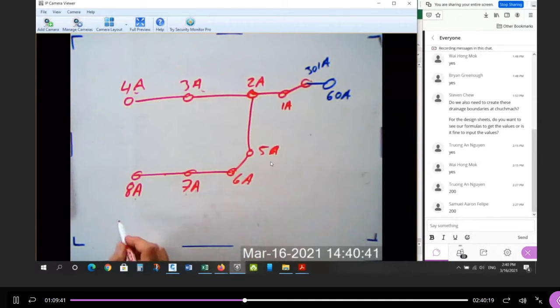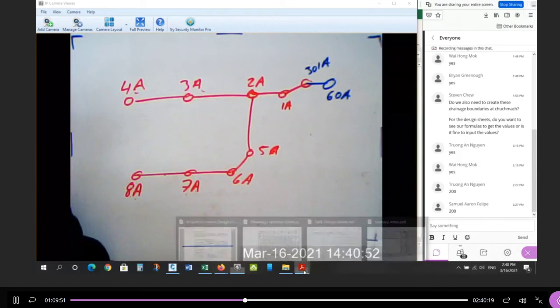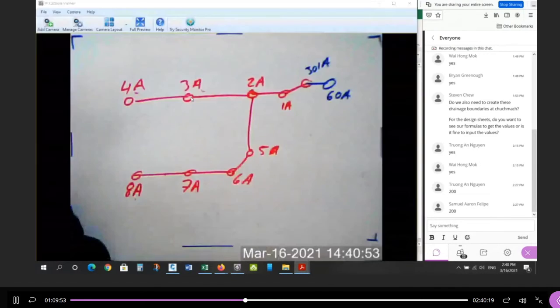So when you look at the numbers on the table, when you go to the spreadsheet, I've got a high number flowing into a low number, a high invert flowing into a low invert. They've done it backwards in this subdivision. If you go to Chuchmak, let me show you the drainage area, they've done the opposite of what I just said.